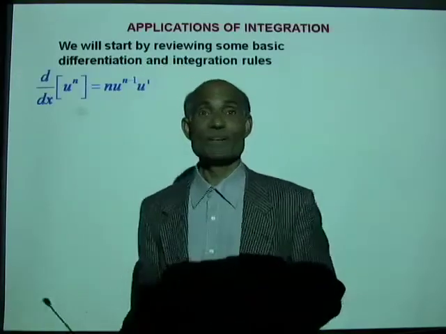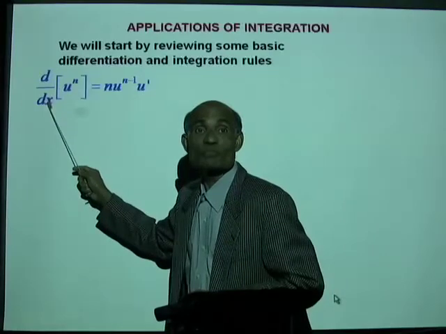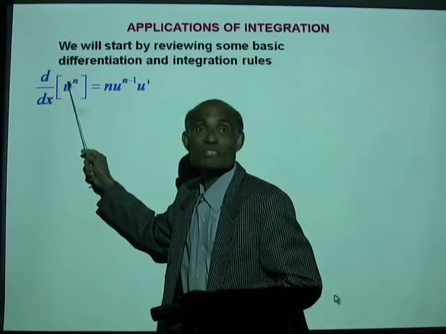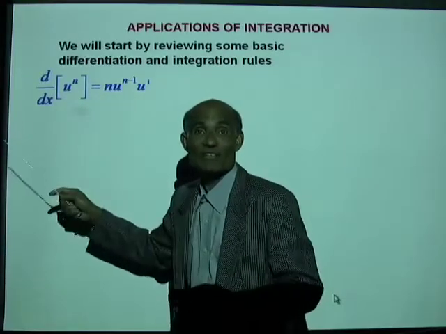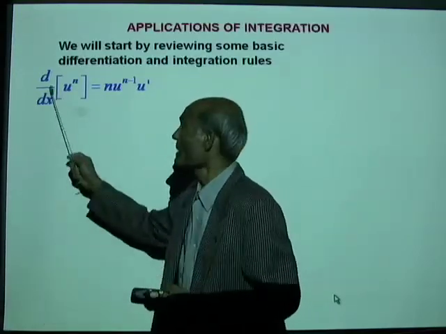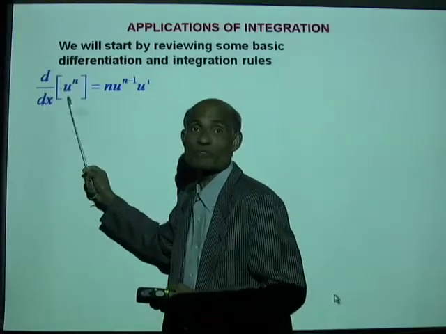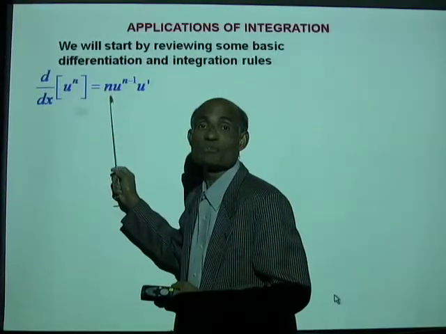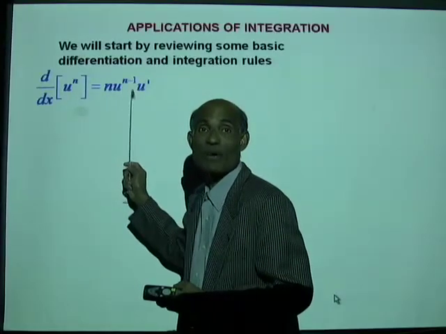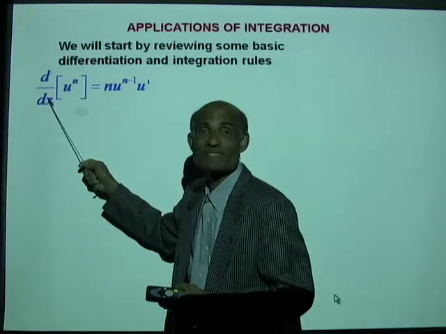For example, the derivative of u to the power of n with respect to x. Remember, u is a function of x, like say 2x plus 1 or sine x and so on. So the derivative of u to the power of n with respect to x is n u to the power of n minus 1 times the derivative of u with respect to x.